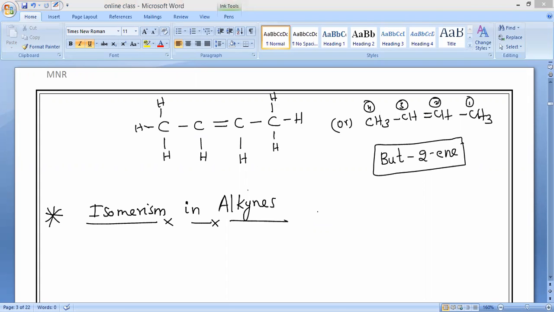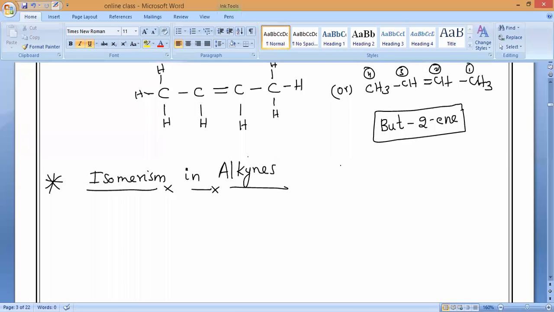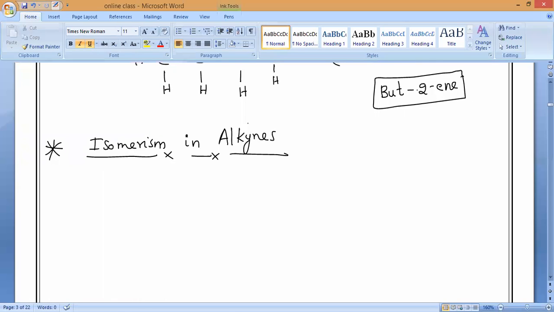L-Mukil is asking, can we write it as 2-butene? We should not. Always the position of the bond should come in the middle, between prefix and suffix. Between suffix and prefix only we should add the position of the double bond. That is what you should remember.